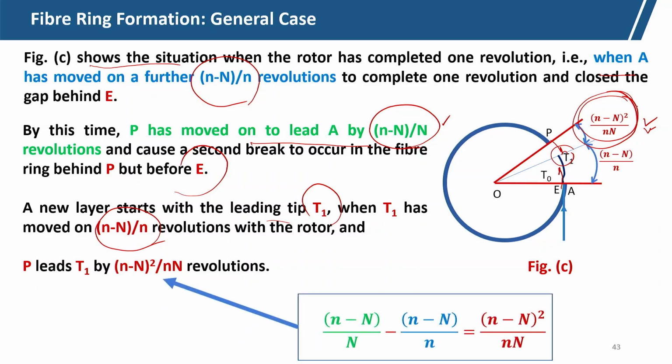Now, how do we get this? We take N minus n by N minus N minus n by small n. So, this is N minus n by N and N minus n by small n, and we get (N minus n) squared by N n.